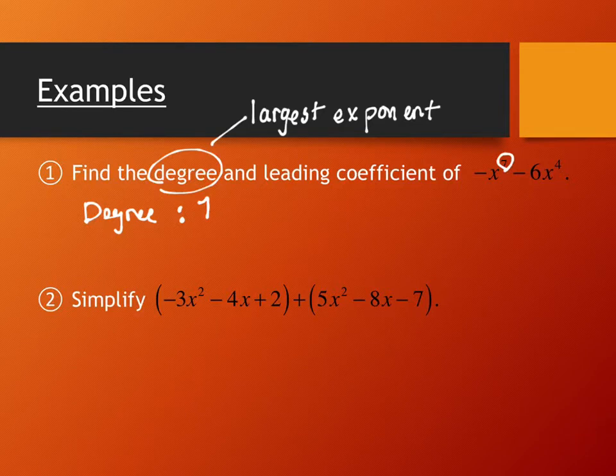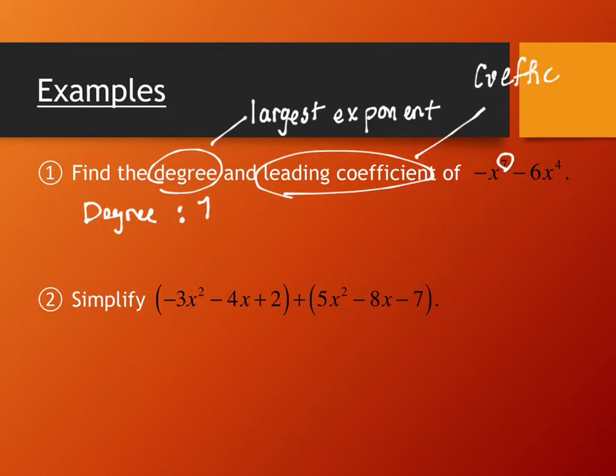And then the leading coefficient is the coefficient. Yeah, somebody's already trying to tell it to me. It's the coefficient or the number in front of the, I'm going to call it degreed term. So that term that I just identified as being the largest degree, that x to the 7th right here, it's the coefficient in front of it.